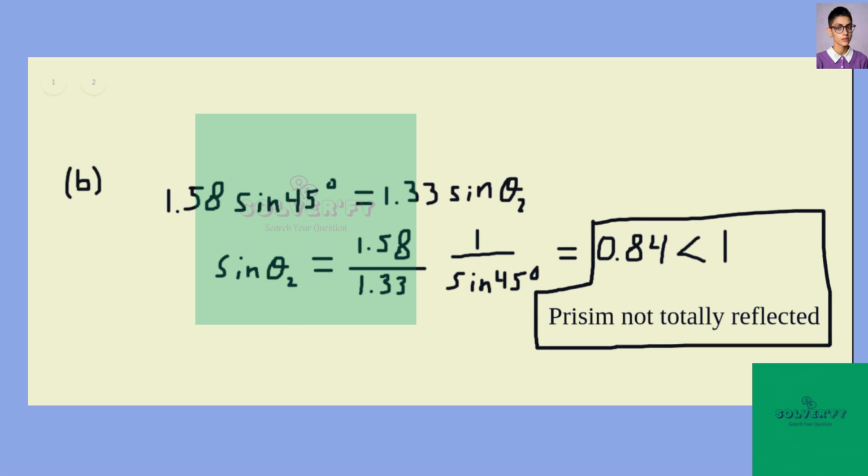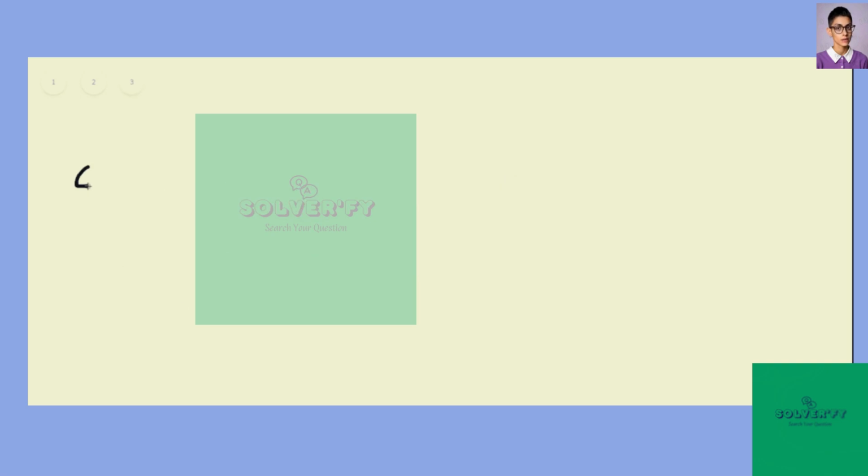Okay, and then lastly, we'll move on to part C. So for total reflection, when there is water outside the surface, we're going to have the following.